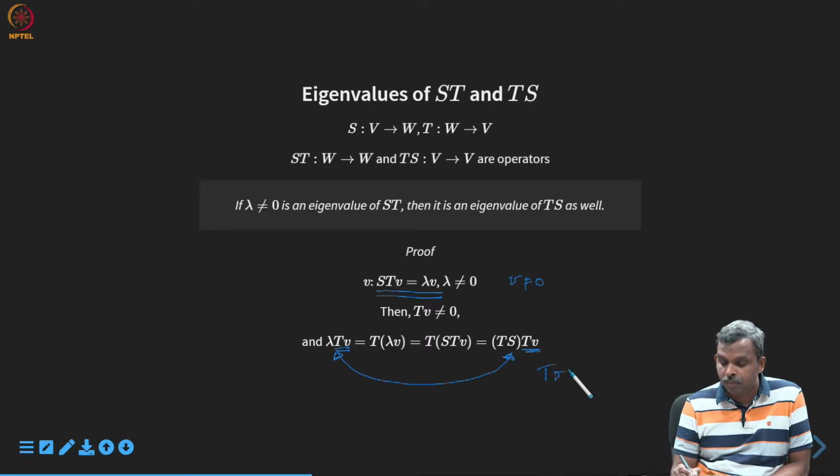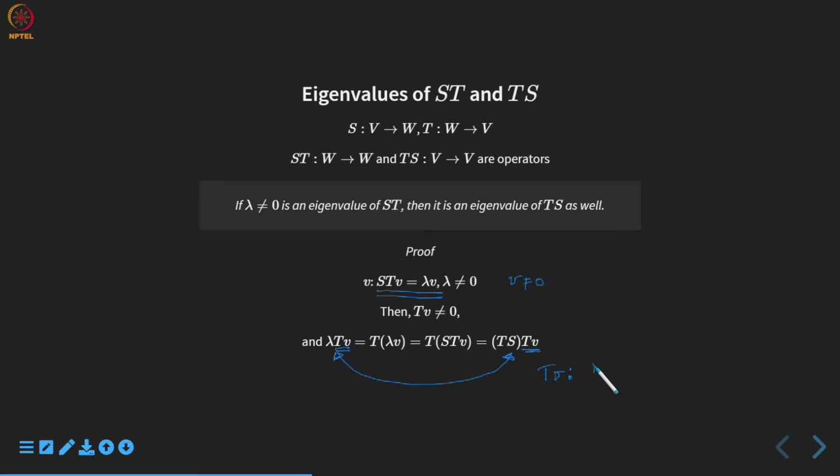So, TV is such that TS times TV equals lambda times TV, the same lambda, and TV is non-zero, and it satisfies this equation. So, lambda becomes an eigenvalue for TS, and TV is the eigenvector also. So, that is an interesting thing, right? If V is an eigenvector for ST, then TV is an eigenvector for TS with the same eigenvalue lambda, but lambda has to be non-zero here.